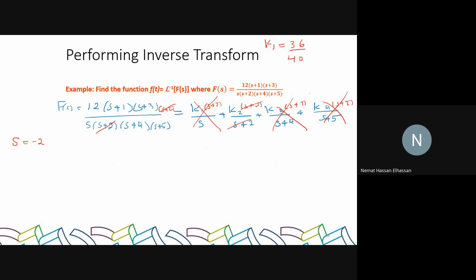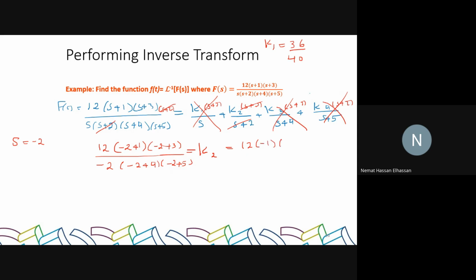And the only remaining term on the right hand side of the equation is K2. And on the left hand side, what do I have? 12 times negative 2 plus 1, times negative 2 plus 3, divided by negative 2 times negative 2 plus 4, times negative 2 plus 5, which is equal to what? 12 times minus 2 plus 1 is minus 1.